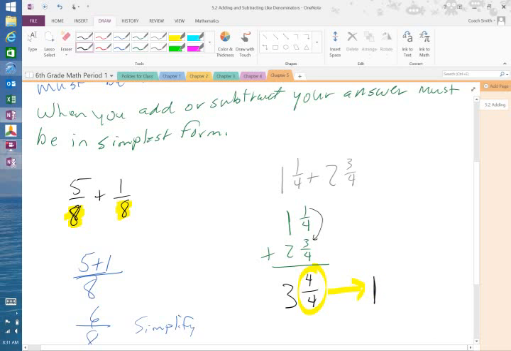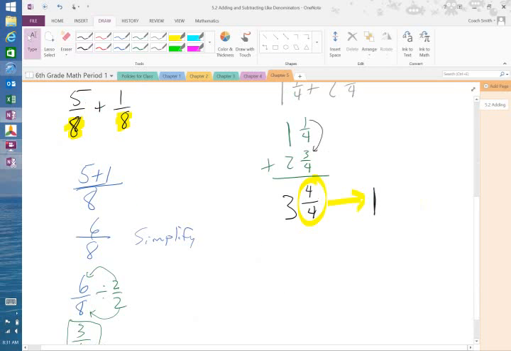But I have to take and add the 1 back to the 3. And that gives me 3 plus 1, which is 4. So 4 is your answer.